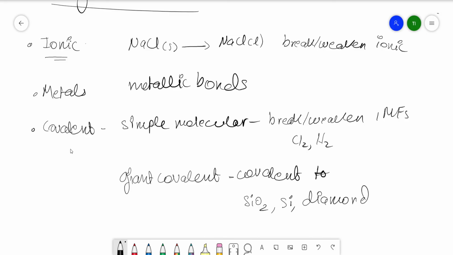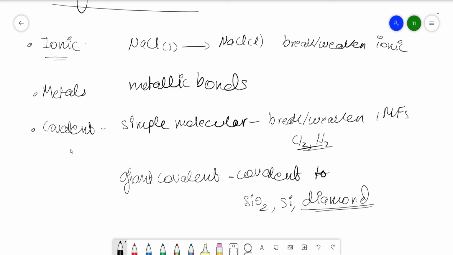So the reason this has a much higher melting point is because you have to break the extensive covalent network within the molecule to cause a change in state. Whereas for simple molecules, you have to break or weaken just the IMFs, and the IMFs are much weaker than the covalent bonds.